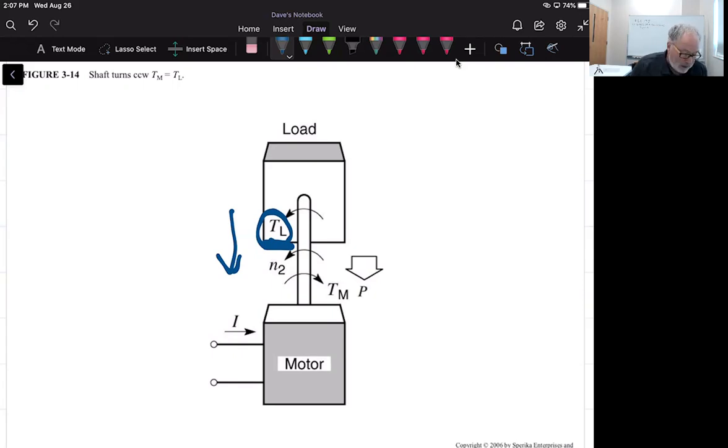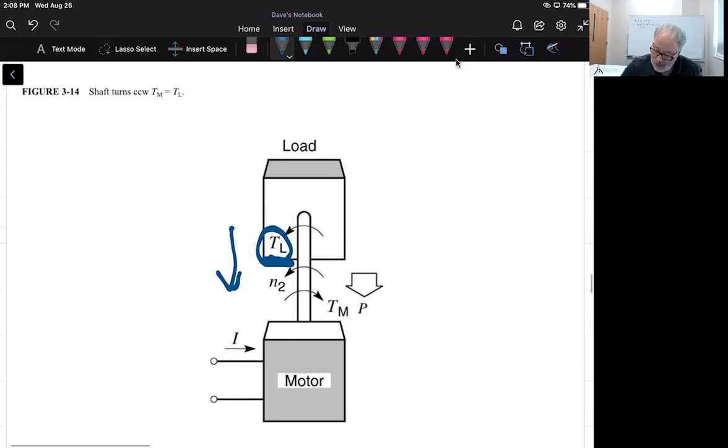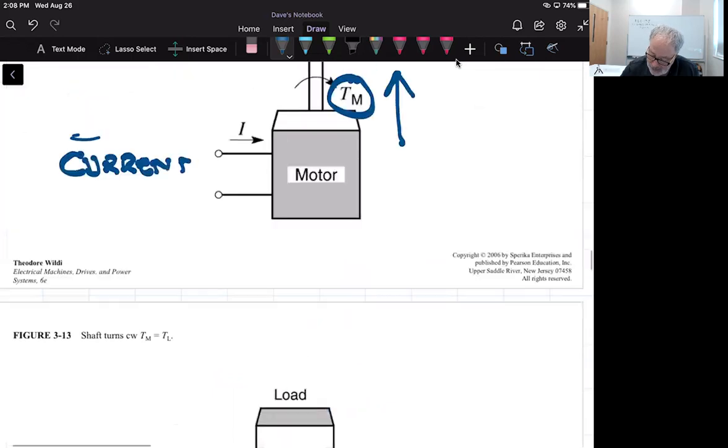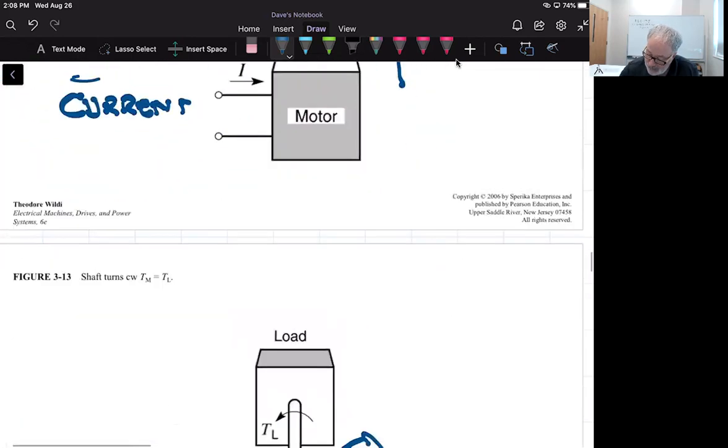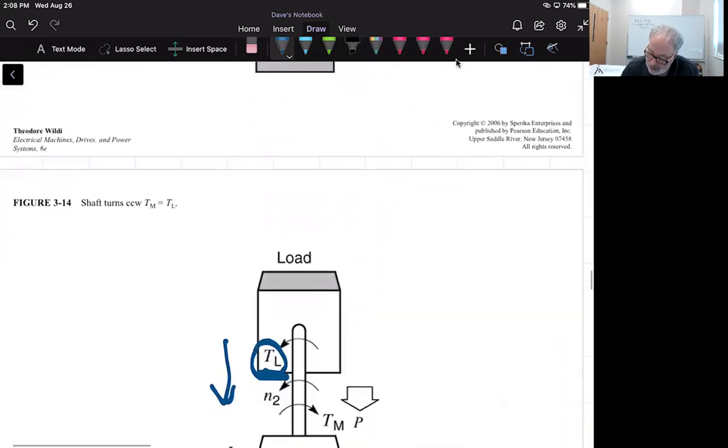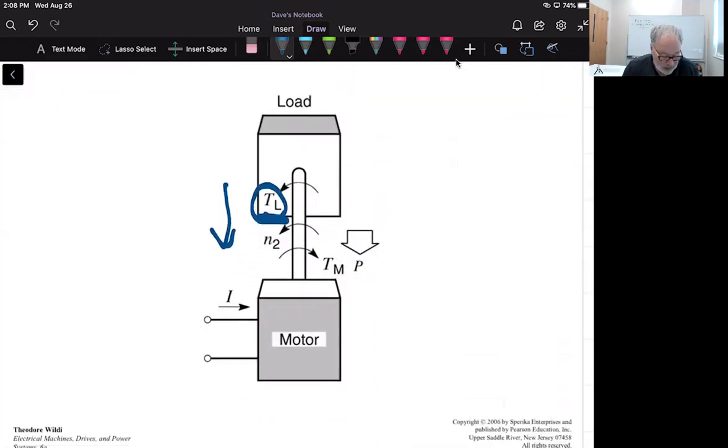So he concludes this. He says, in conclusion, the motor torque and the load torque are identical in their depiction in 312 and 313 and 314, but we're actually looking at three entirely different situations.